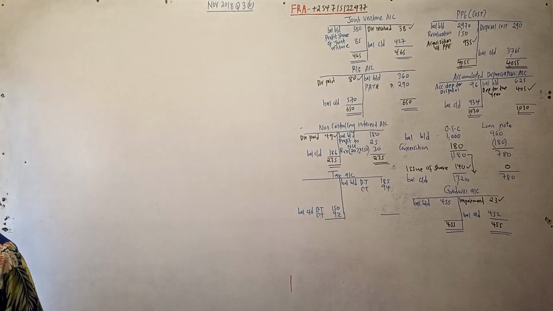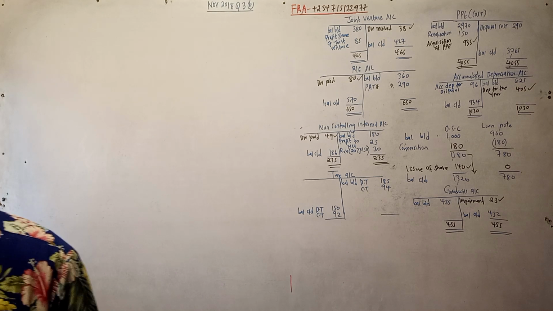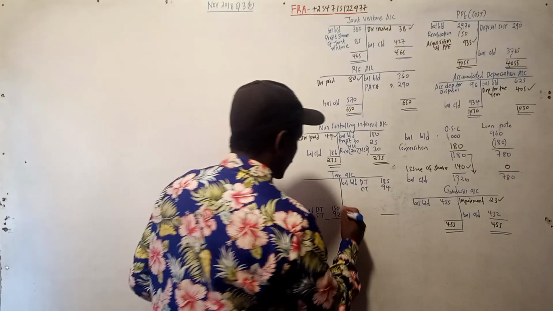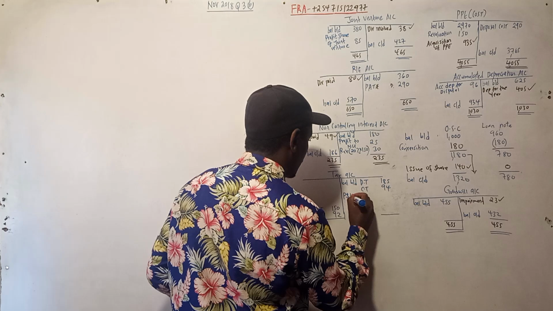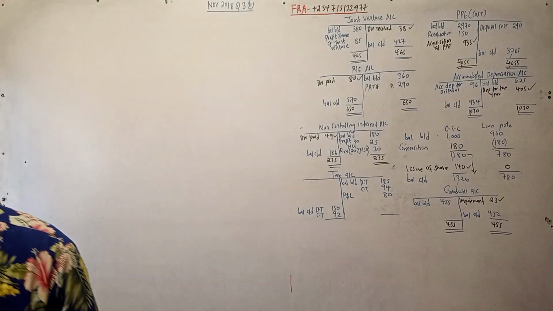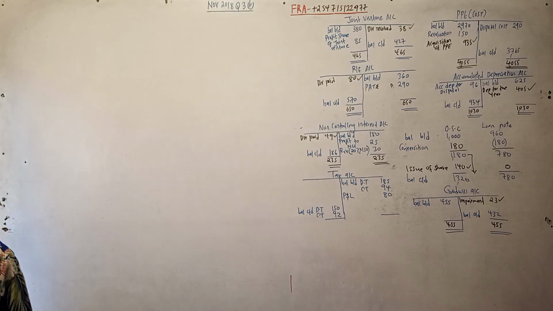Now, we had something to do with the income statement, the income tax. You can refer to the P&L because of space, but remember it's the tax in the income statement. We had a tax of 80.